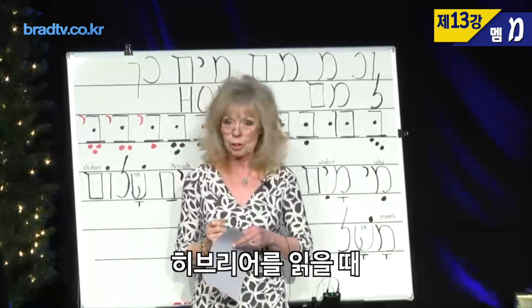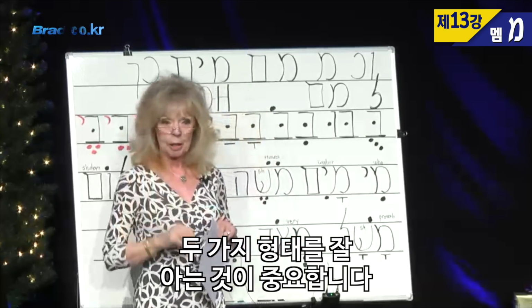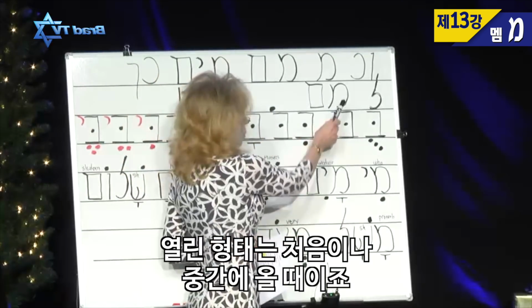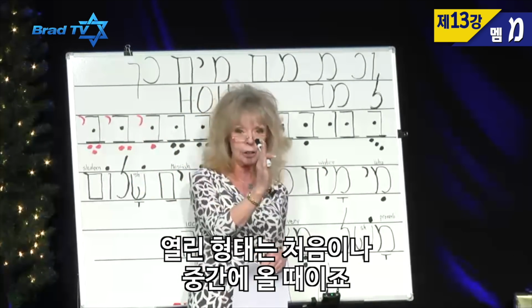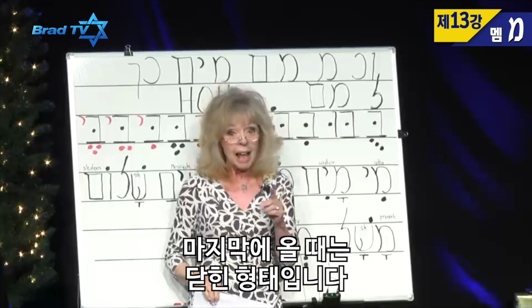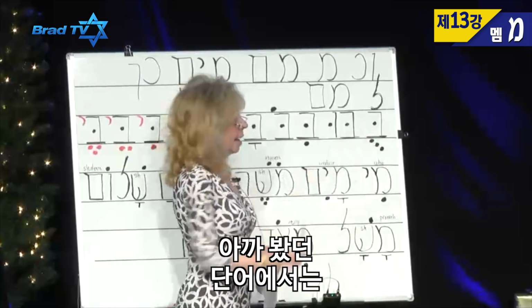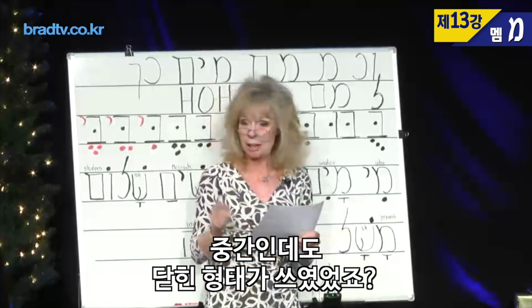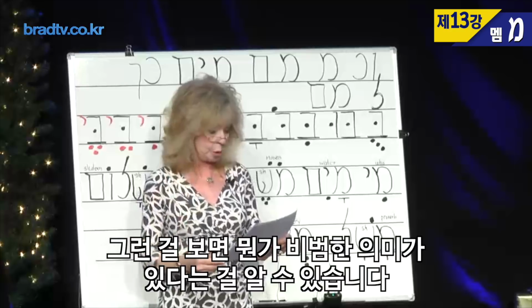So those two forms are going to be important for you to pick up on when you're reading, because the open form is going to be the very first letter or any other letter, but if it's the very last letter, it's going to be this closed form, unless it's that amazing word, where it was in the middle. Then you know there's some special meaning being portrayed.